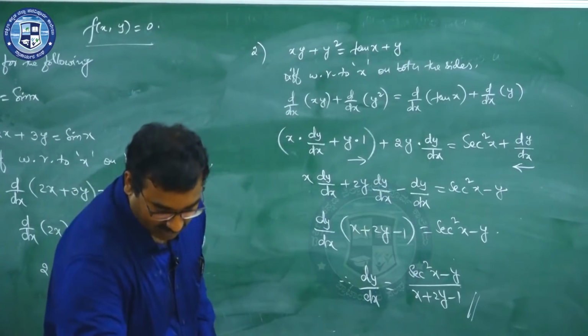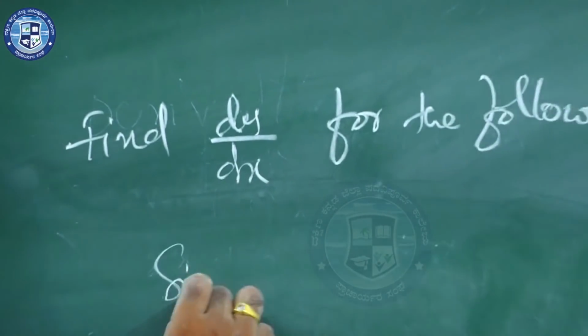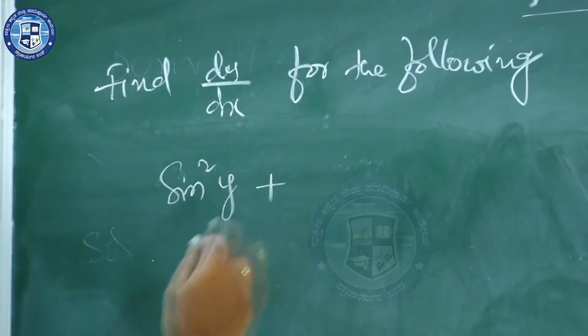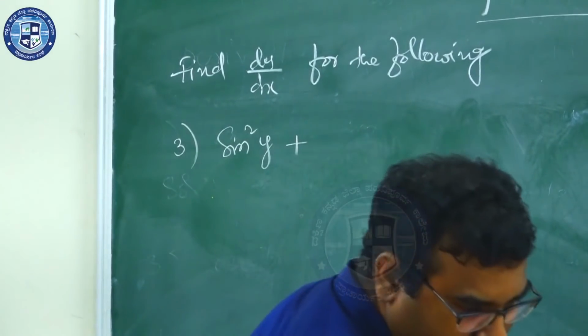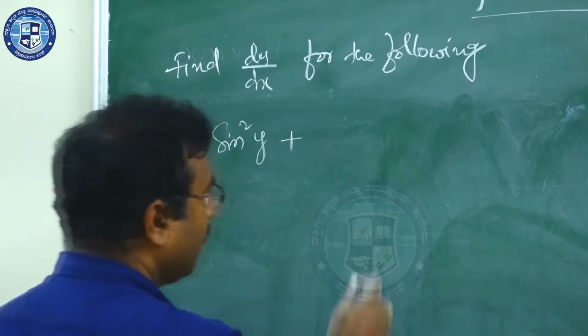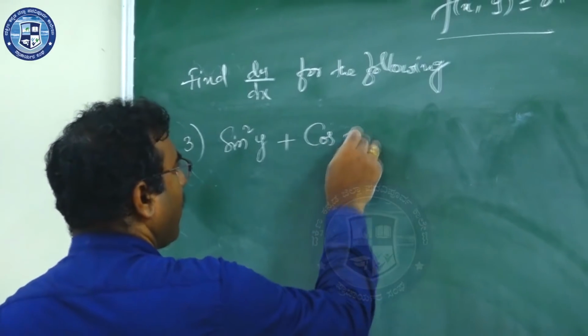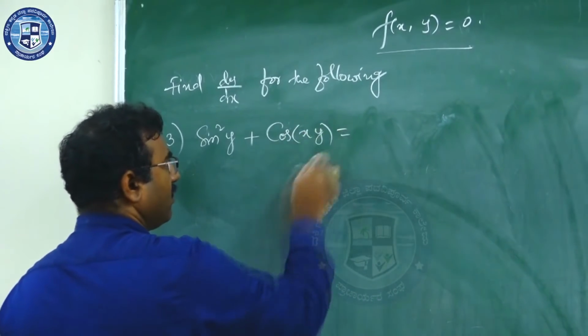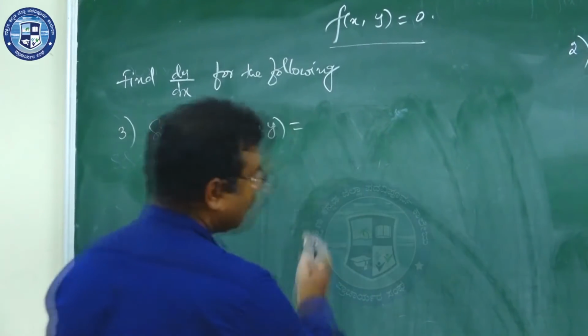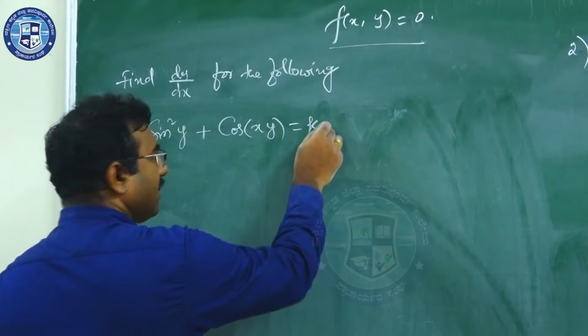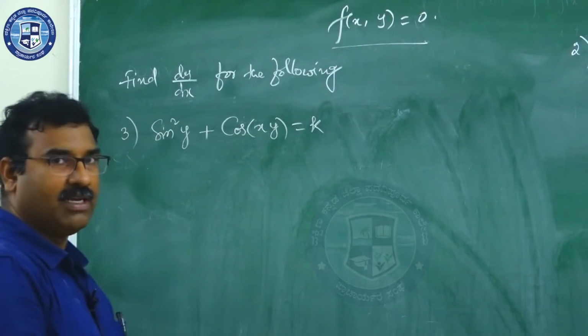Okay. So one more problem we do. sin squared y plus cos xy is equal to k. k is some fixed constant.